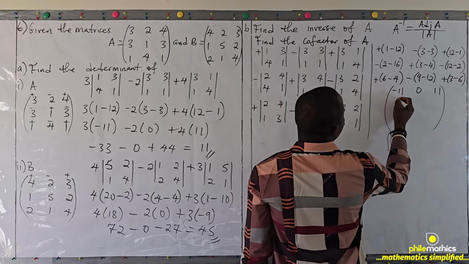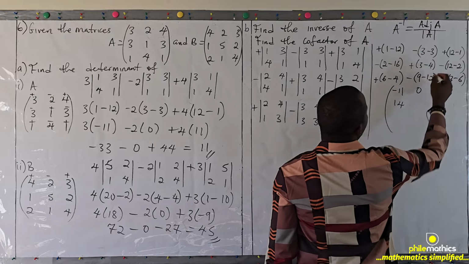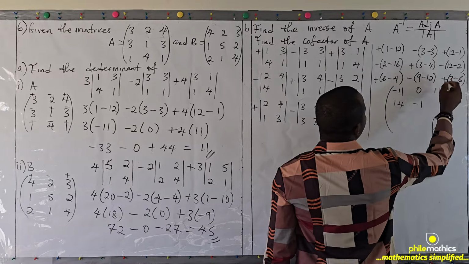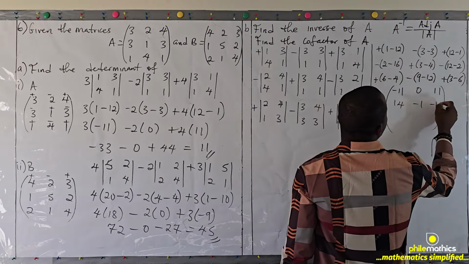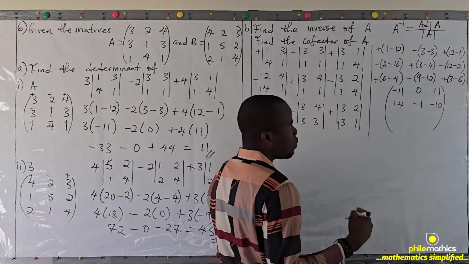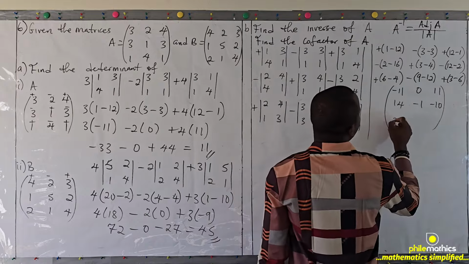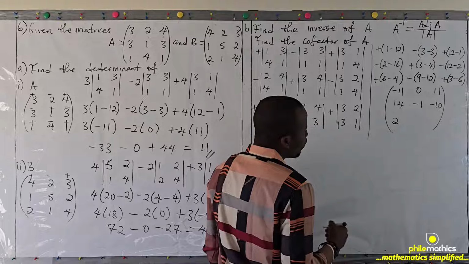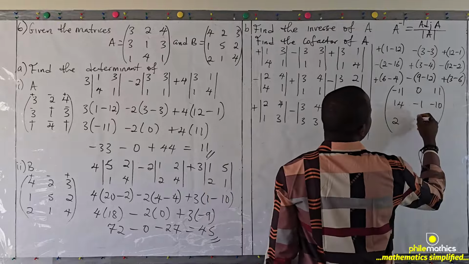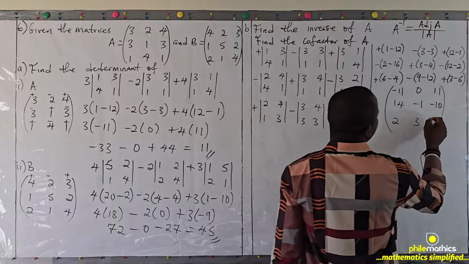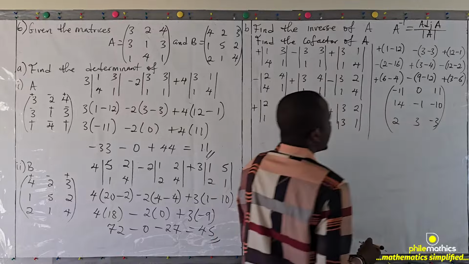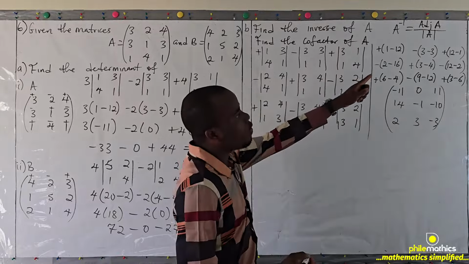Times minus is 14. 3 minus 4 is minus 1. 12 minus 2 is 10. Times minus is minus 10. 6 minus 4 is 2. 9 minus 12 is minus 3. Times minus is plus 3. 3 minus 6 is minus 3. Next is to look for the adjoint of A.